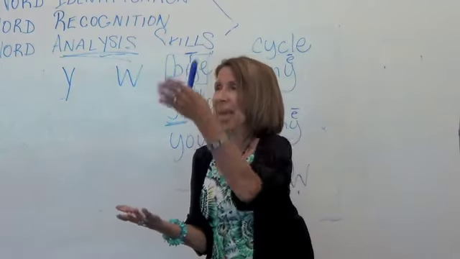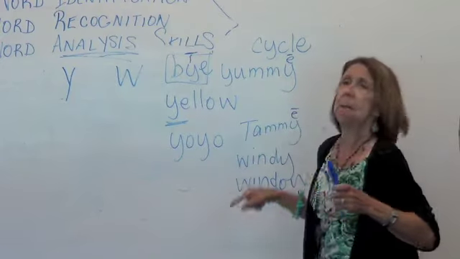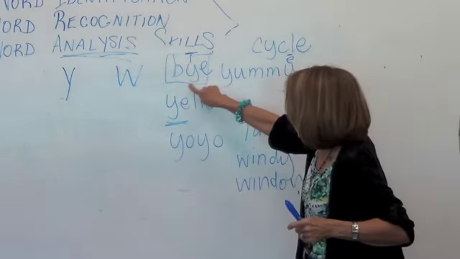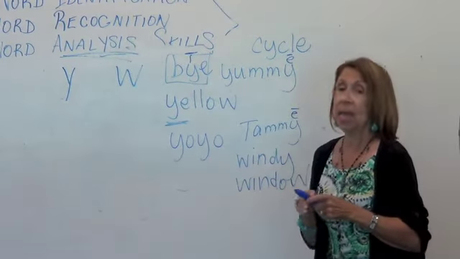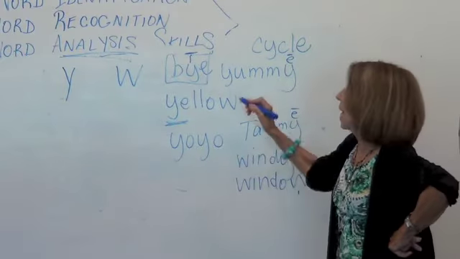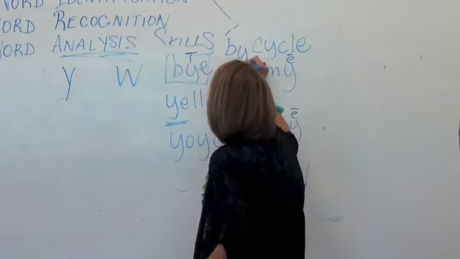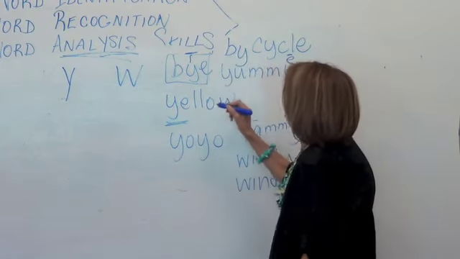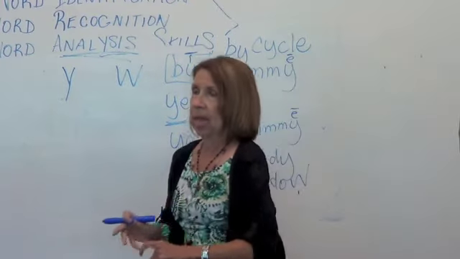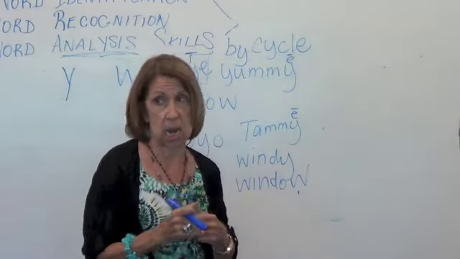The long E, like in yummy, belly, tummy, when it's at the end. Or it can have a long I sound, like by. It's really at the end of a word. So, when Y is in the middle or the end of a word, it acts like a vowel. It can sound long E, or it can sound long I.